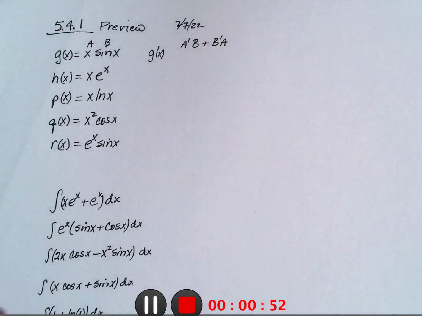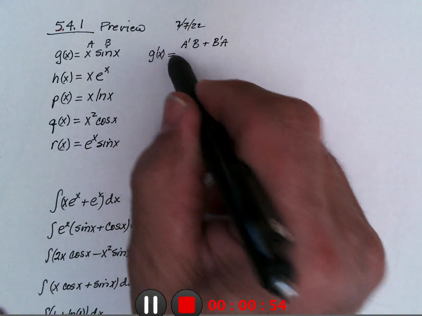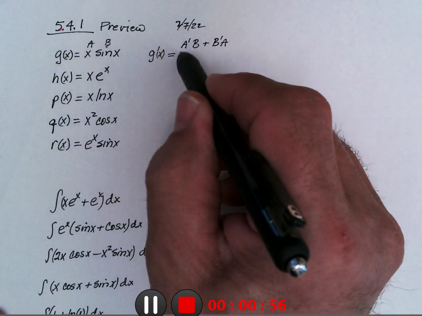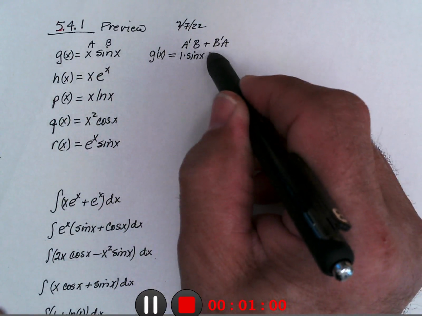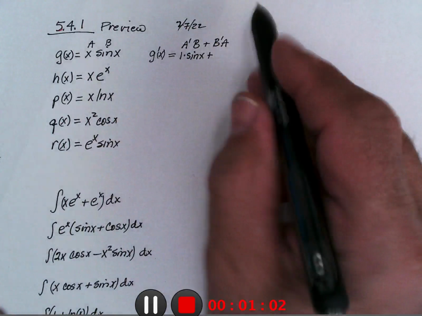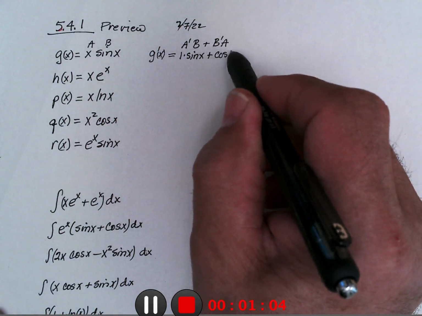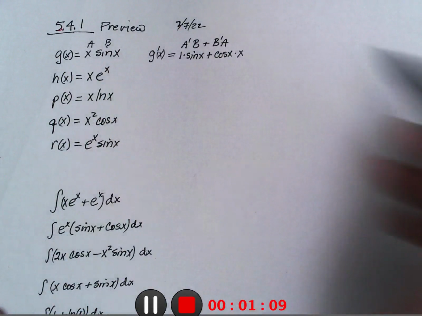So we get the derivative of x is 1 times sine x plus the derivative of sine x is cosine x times the a, which is x, and that would be the derivative.